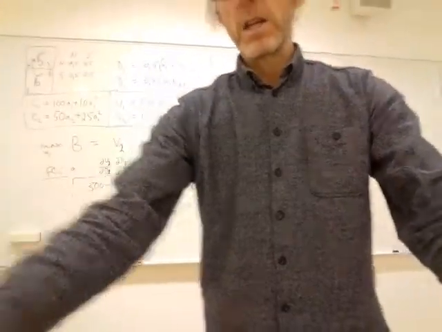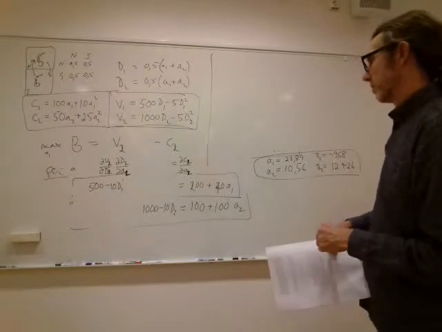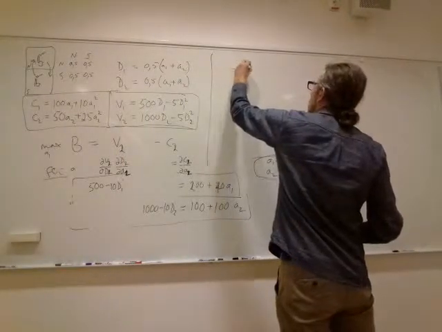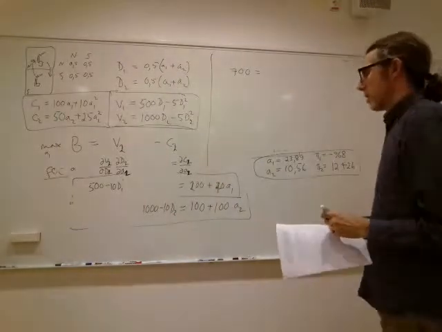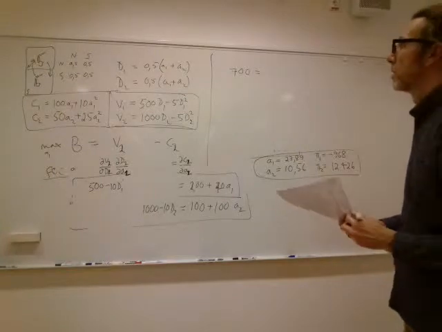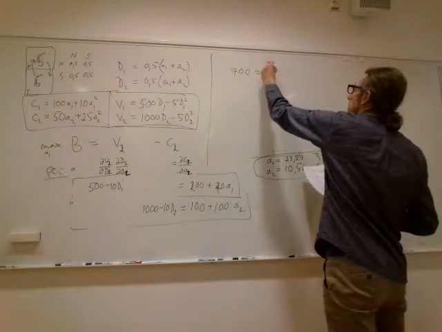Coming back over here, take the 200 over, we've got 700 equals 40A1 plus 10D1. So that's 45A1 plus 5A2.